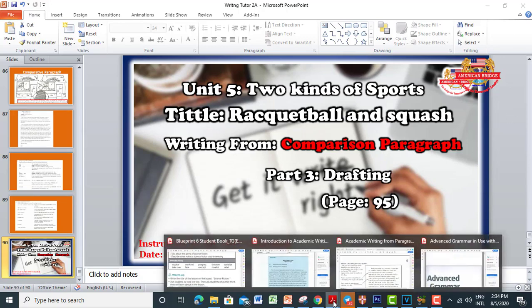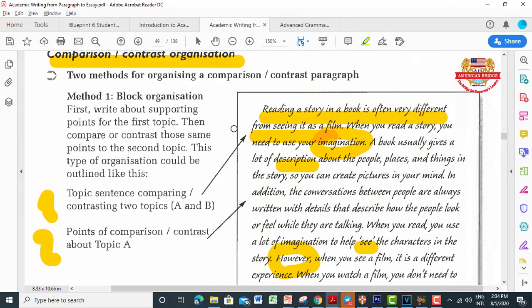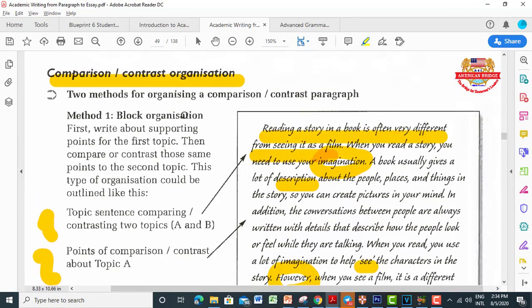So you can see here what you learned yesterday: reading a story in a book compared to seeing it as a film.